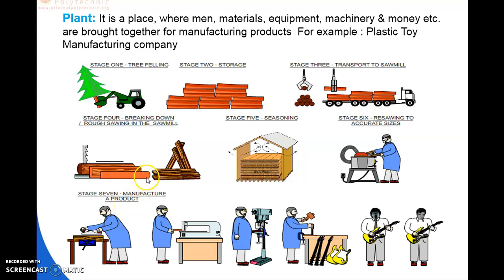Then they are cut by using a hacksaw and made into flat plates. Then different machining tools are used for manufacturing the guitar. This is the place where persons, equipment and machineries, materials and money are all required to produce a manufactured product, that is known as your plant.